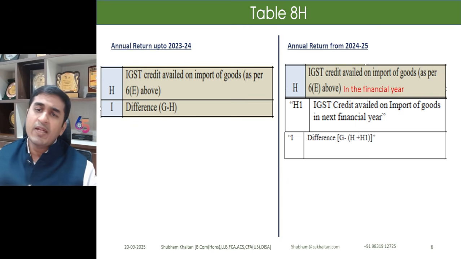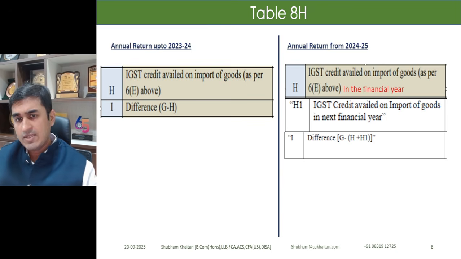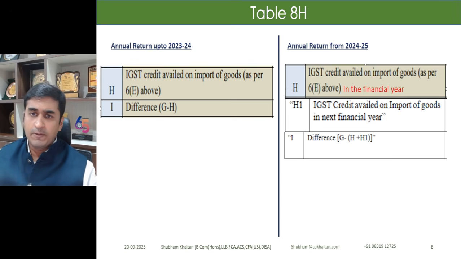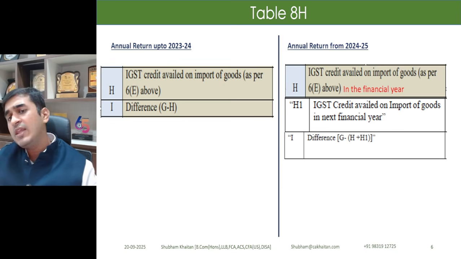So 24-25 ITC availed in 25-26 is what I need to report here. Ideally, G is IGST paid minus H plus H1. H is the IGST credit availed in the current financial year, and H1 is ITC availed in the next financial year.